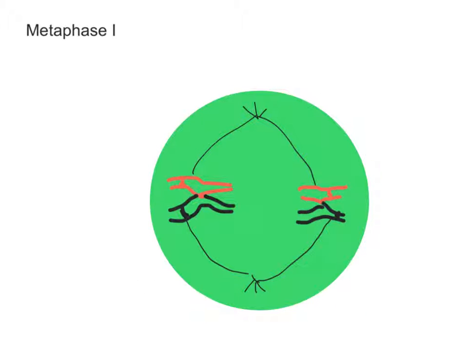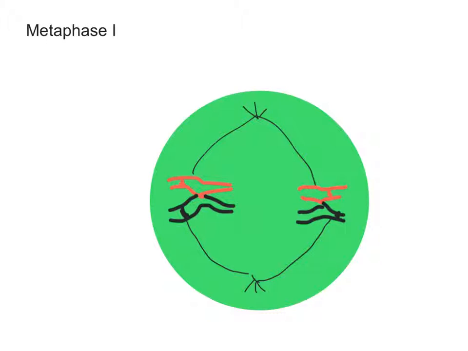And then in metaphase 1, the homologous pairs meet within the middle of the cell, and spindle fibers start attaching to the centromeres. Homologous pairs are chromosomes that contain a pair that comes from the mother and father, and this allows them to carry the same gene, but the alleles for the traits can be different.